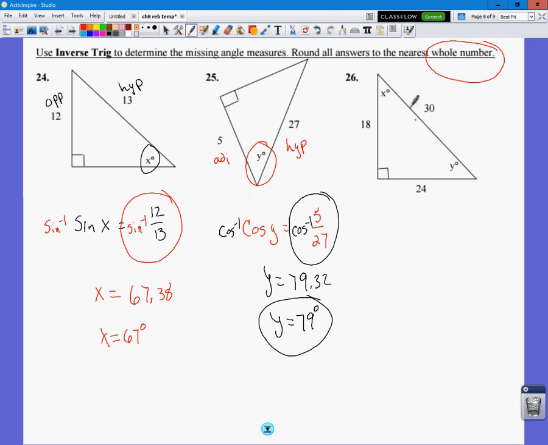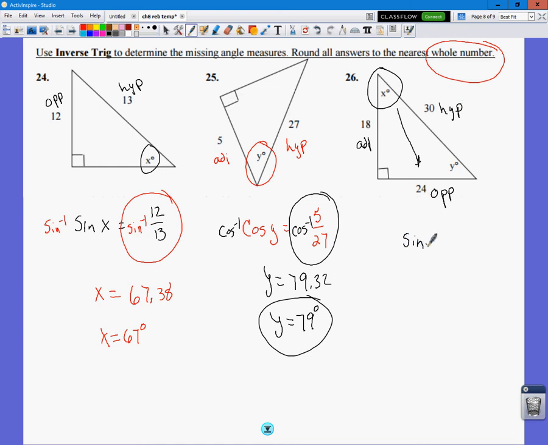Since they are looking for two angles here, I'm going to pick one of them. The 24 is opposite. The 30 is the hypotenuse. The 18 is adjacent. It really doesn't matter what function I use because they've given me all sorts of numbers. I'm going to use sine, I'm going to use opposite and hypotenuse.